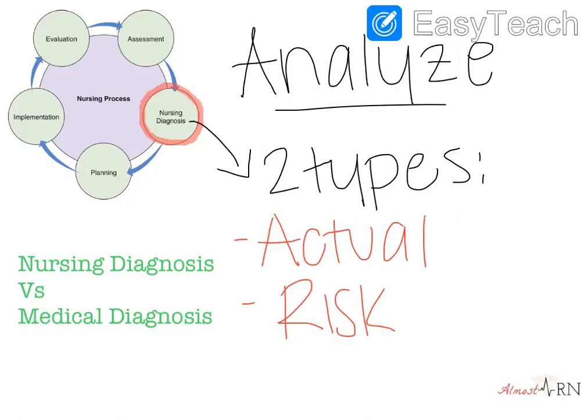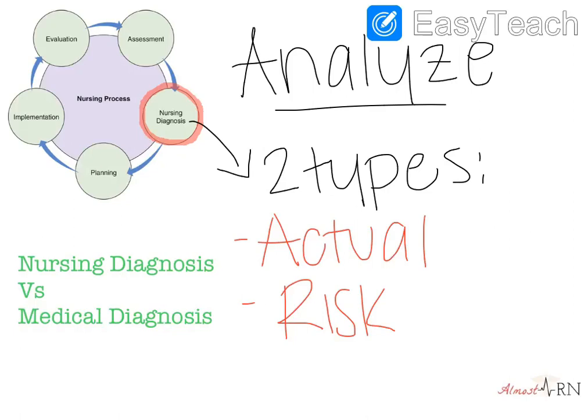And another big thing too is that we as nurses, we cannot diagnose our patients. So there's these 2 things over here, the nursing diagnosis and the medical diagnosis. The nursing diagnosis is what the patient needs, the human need. And the medical diagnosis is just that, it's a medical diagnosis.